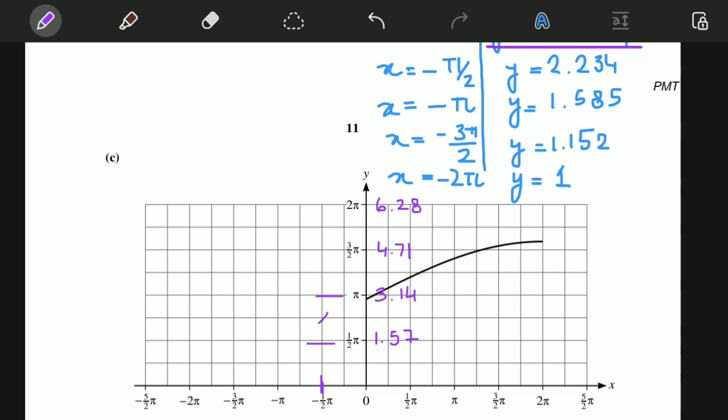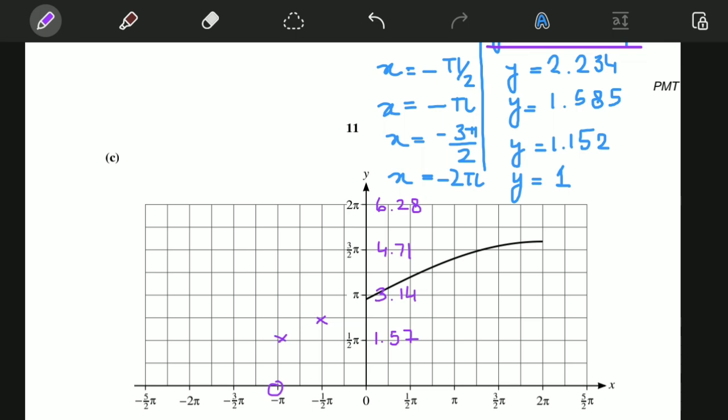So let's plot it here, it would be close to, I guess, this one. Okay, now the next point is at minus pi. At minus pi it is 1.58. So see, this is 1.57, so 1.58 would be just above.